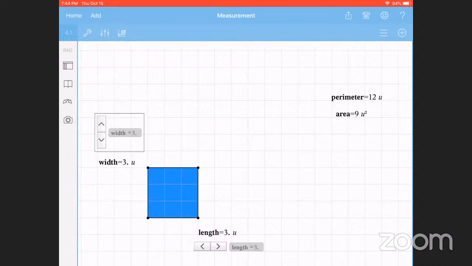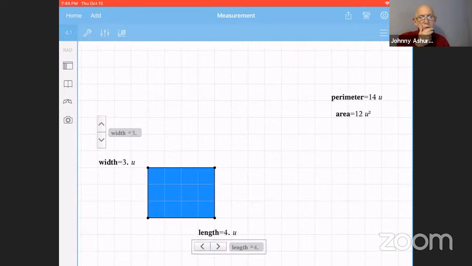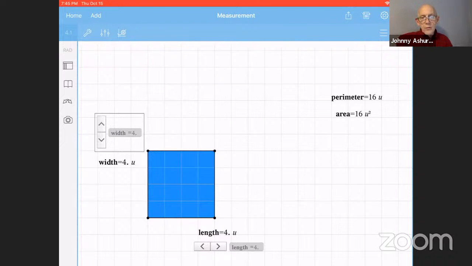Do you have a guess on what the length and width might need to be where the number in the perimeter and the number in the area are the same? I've been looking at area perimeter, and the 2 numbers are getting closer to each other, 9 and 12. Expand again. Let's go the other way. Whoa. So Johnny, are those the same?